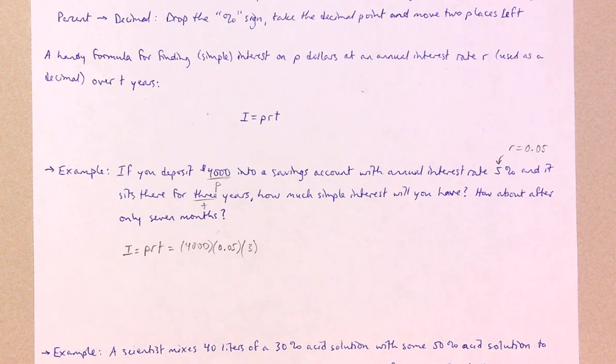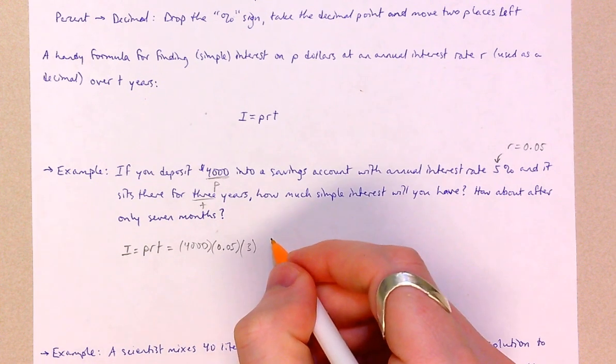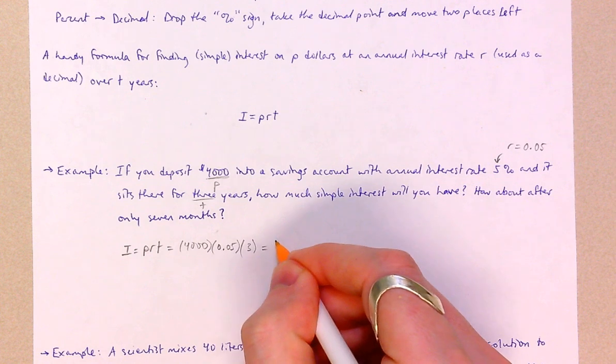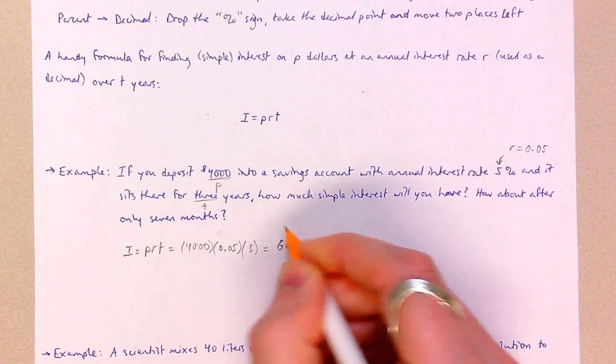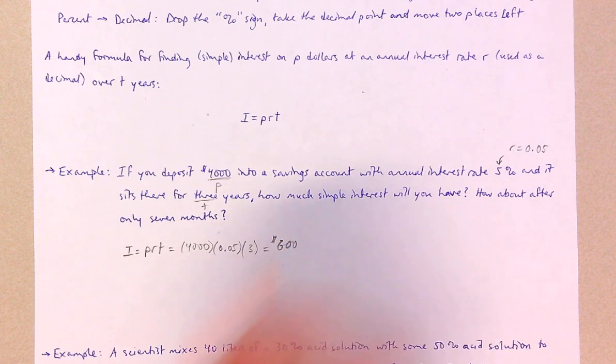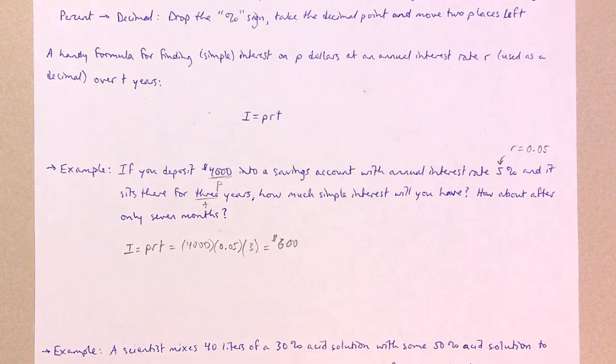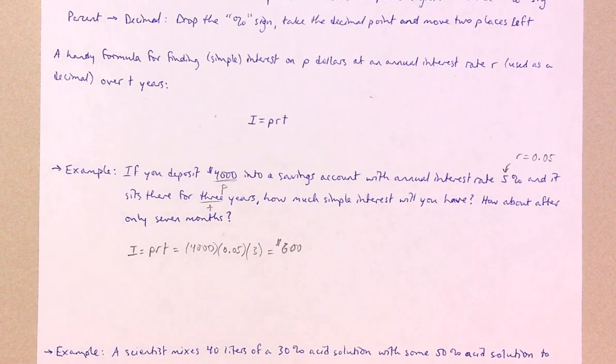And when you multiply these numbers out, you can plug this into your calculator, or you can do this in your head if you're that comfortable with doing the calculations. You're going to get 600. And obviously this is money, so we're talking dollars here. So this is $600 that you're going to get in simple interest over these 3 years.